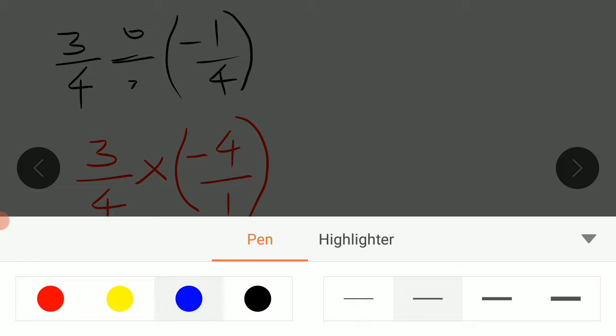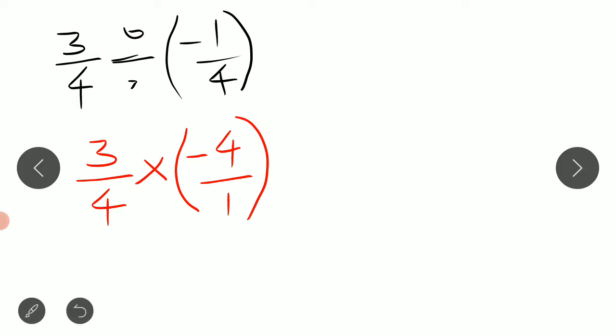Now as usual, first we multiply the sign: plus into minus is minus. Then you see whether there is any numerator and denominator having a common factor. Here, of course, 4 ones are 4, 4 ones are 4. Now there is no other common factor between numerator and denominator.